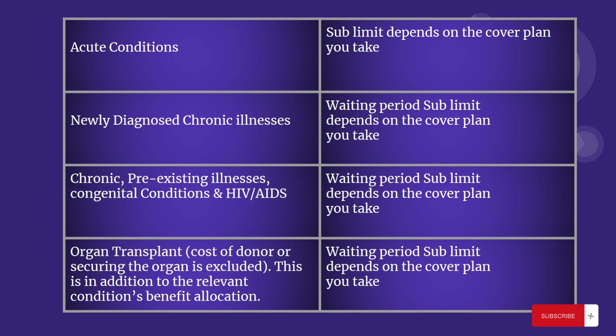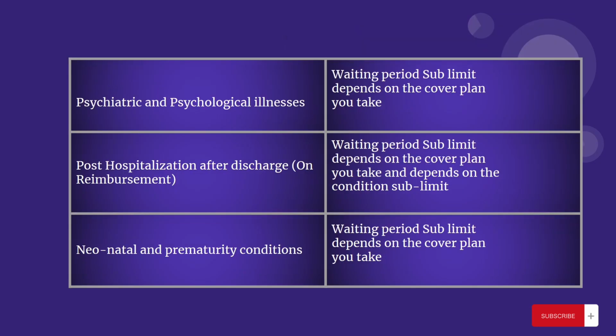Organ transplant, cost of donor or securing the organ is excluded. This is in addition to the relevant conditions benefit allocation. Waiting period sublimit depends on the cover plan you take. Psychiatric and psychological illnesses waiting period sublimit depends on the cover plan you take.